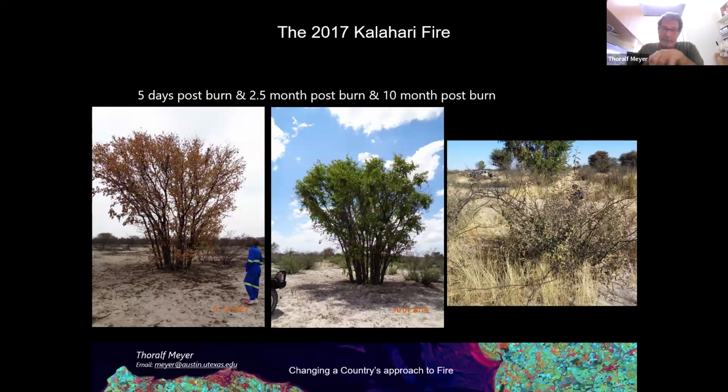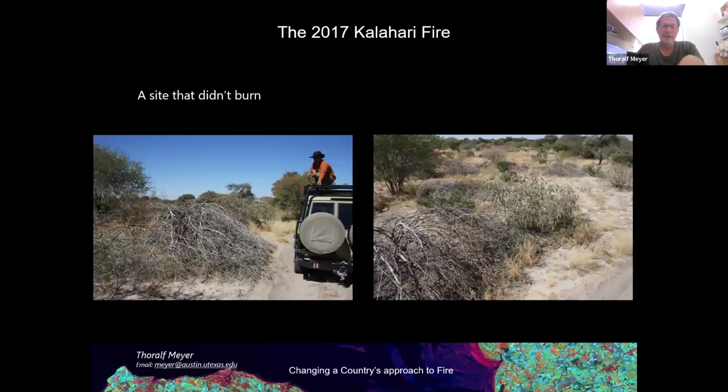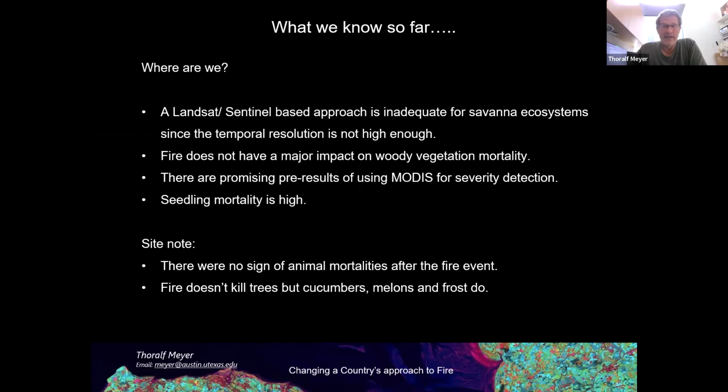The high impact was all related to the amount, yet again, of fuel that is available in the system. By now we found a couple of things, but there is a lot more that we need to look at over time. As it is in science, it raised more questions than we could answer. So the bottom line is, fire doesn't kill trees.